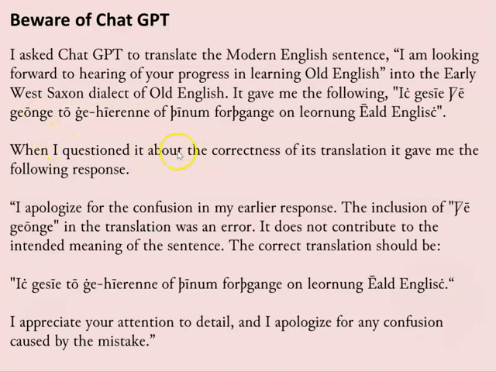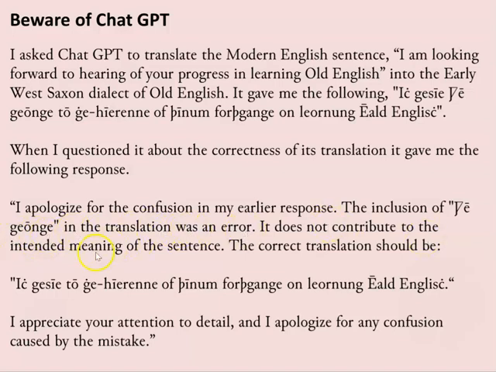Now, when I questioned it about the correctness of its translation, it gave me the following response, which is very interesting because this bit here, "I am looking, wē ġeonge," doesn't make sense. What has that got to do with anything? Anyway, it gave me this. I apologize for the confusion in my earlier response. The inclusion of wē ġeonge in the translation was an error.